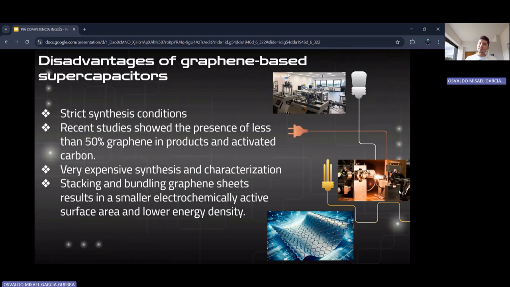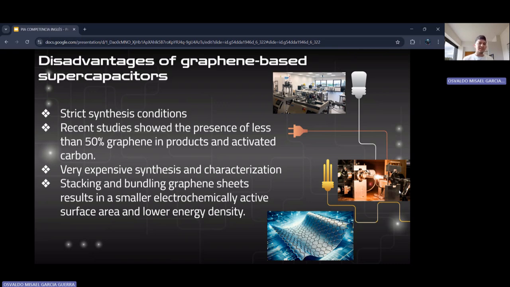On the other hand, we have the disadvantages of graphene-based supercapacitors. They have strict synthesis conditions, and recent studies, I think in 2018 and 2020, showed the presence of less than 50% graphene in products and activated carbon, which is less than what companies need for graphene-based supercapacitors.